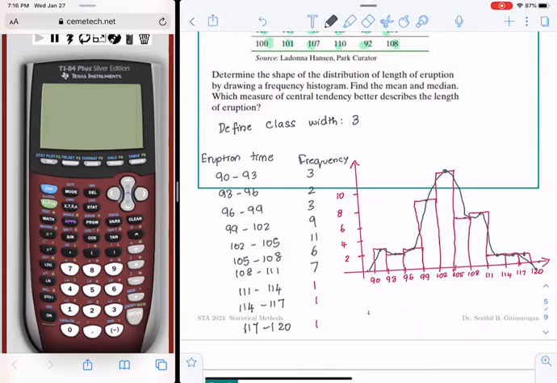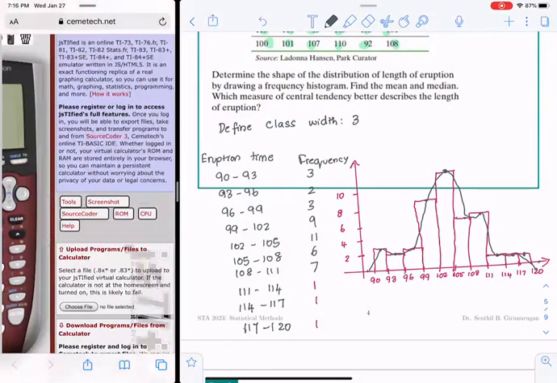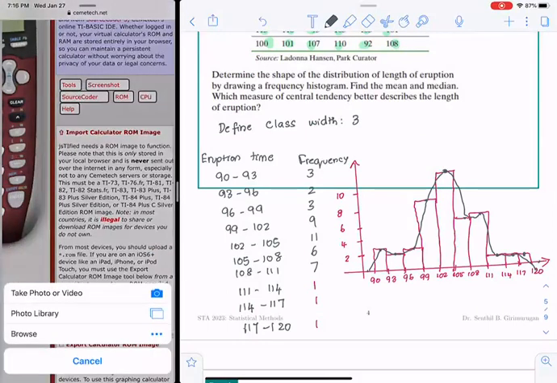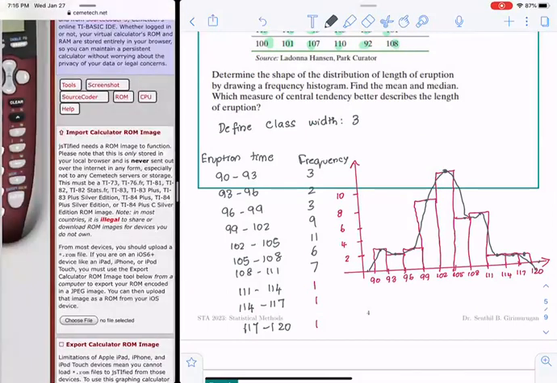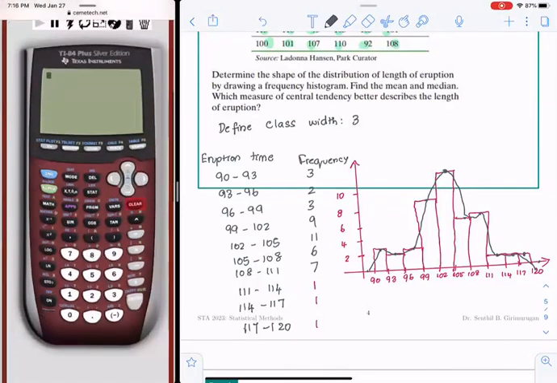So I'm going to show you how to get a shape using the calculator and then answer the question. So I've shown how to do this manually, but I'm going to show it using the calculator also. So I want to erase all the data in list 1 and list 2, which is already gone.